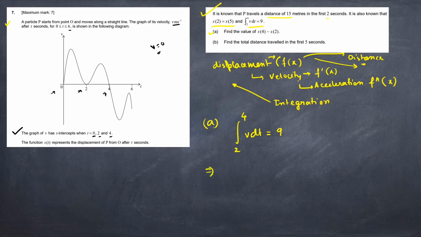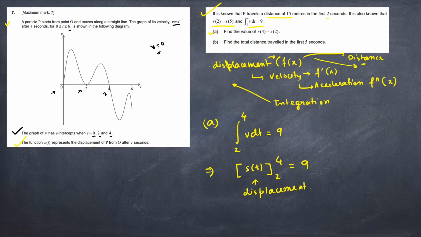So from here we can write, from 2 to 4 equals 9, and as you know, if we integrate velocity we will get s(t). Here you can see the function s(t) represents the displacement. Each and every point from the question you need to read.